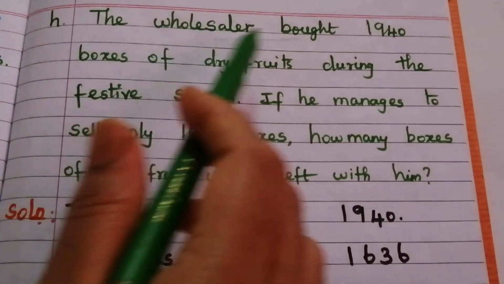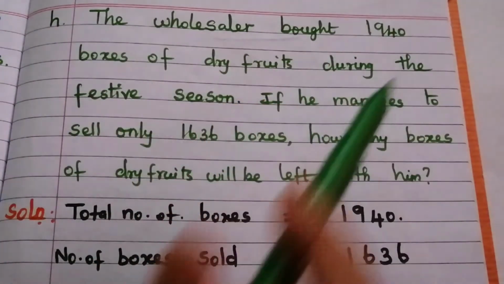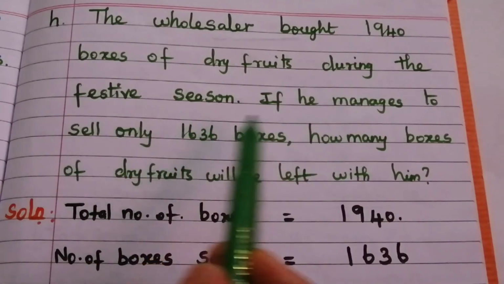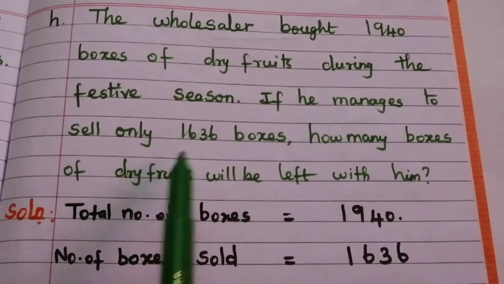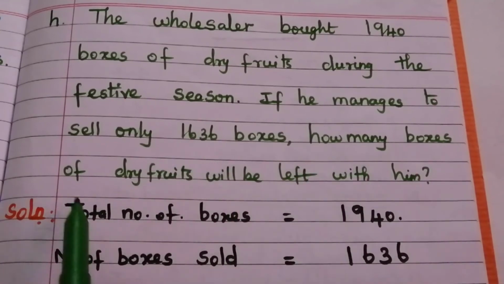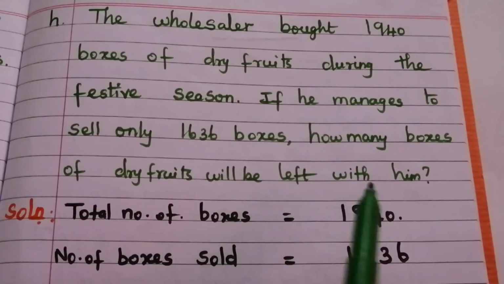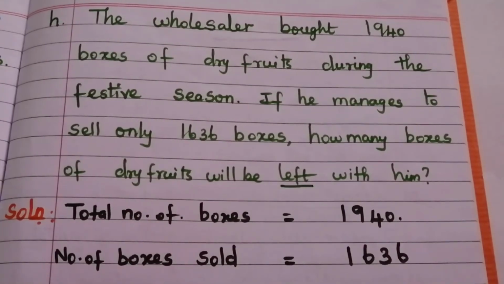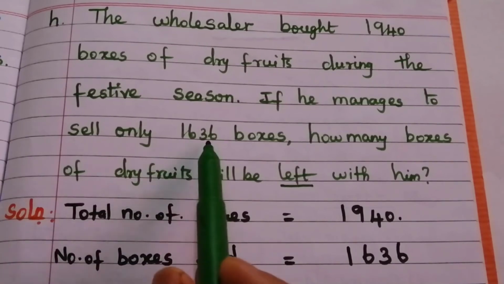H. The wholesaler bought 1,940 boxes of dry fruits during the festive season. If he manages to sell only 1,636 boxes, how many boxes of dry fruits will be left with him? Left is the keyword for subtraction operation. They have given the total number of boxes and the number of boxes sold.